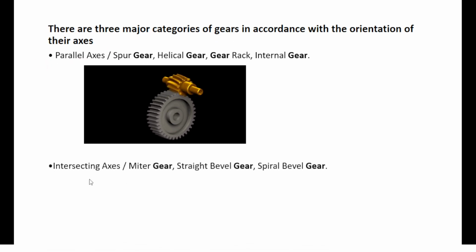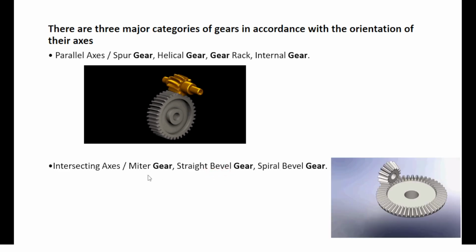Then the second one is intersecting axis, or we can say miter gear, straight bevel gear, spiral bevel gear. Here just notice that for this gear this will be the shaft axis, and for this horizontal gear there will be another axis.